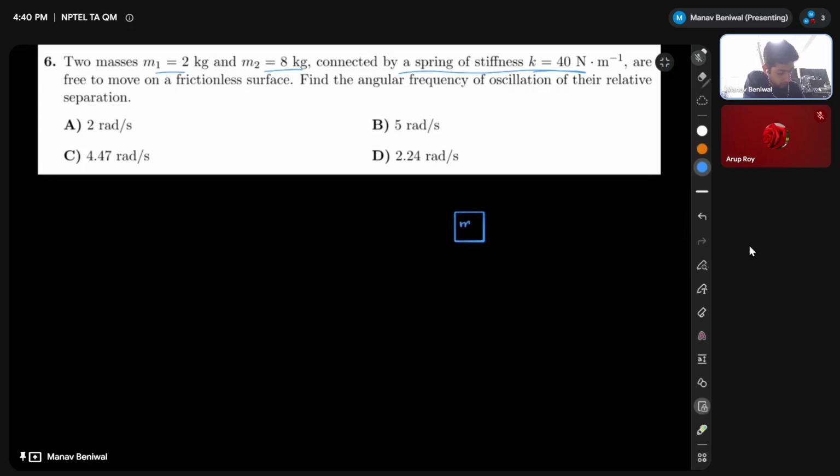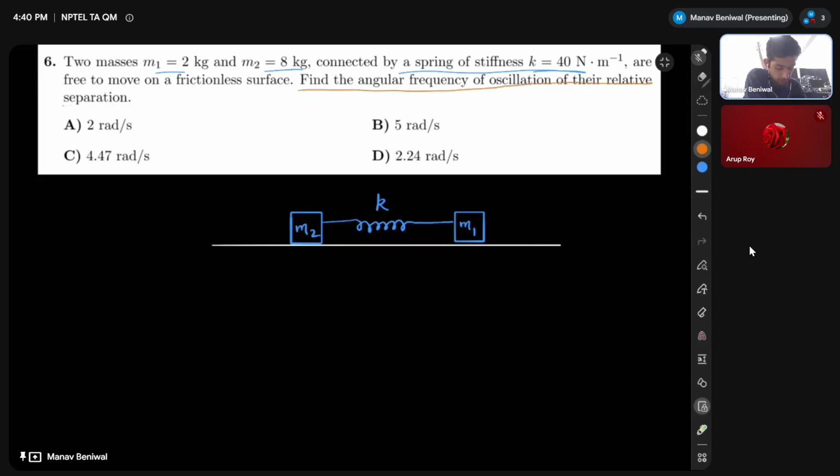Let's say this is m1, and here I have my m2, and they are connected by a spring, and the spring constant is k. They are kept on a frictionless surface, so there is no friction, and we have to find the angular frequency of oscillation of their relative separation.